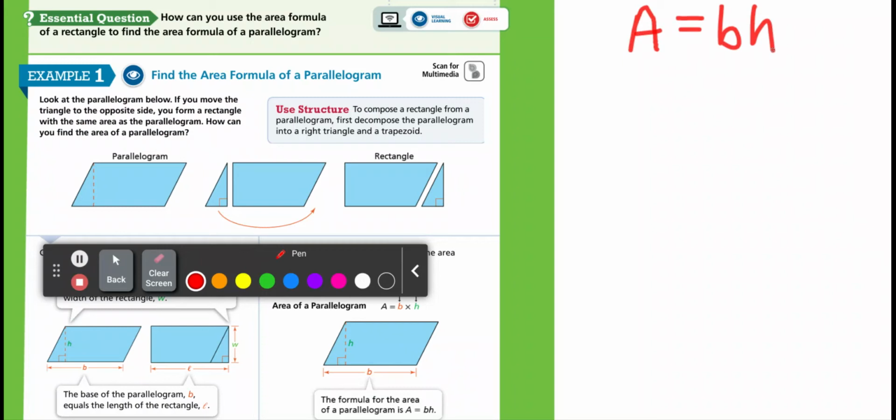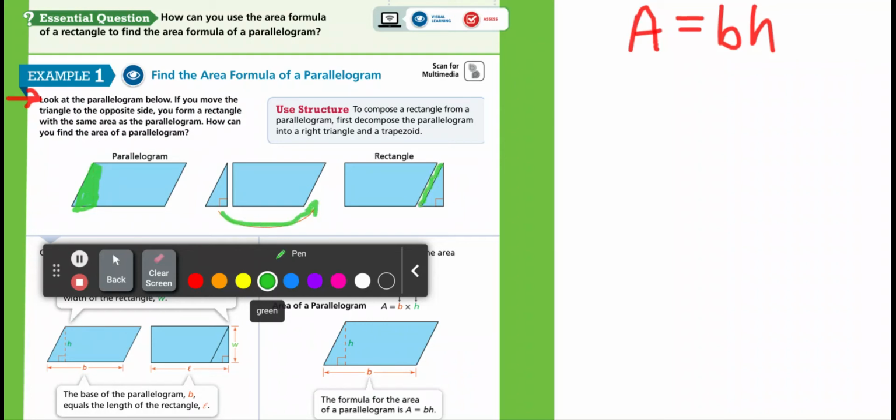And if we look at example 1, it says, look at the parallelogram below. If you move the triangle to the opposite side, you form a rectangle with the same area as the parallelogram. So all they're doing is they're taking, in this first shape on the left, that triangle that I'm coloring green right now, and they're moving it to the right side.